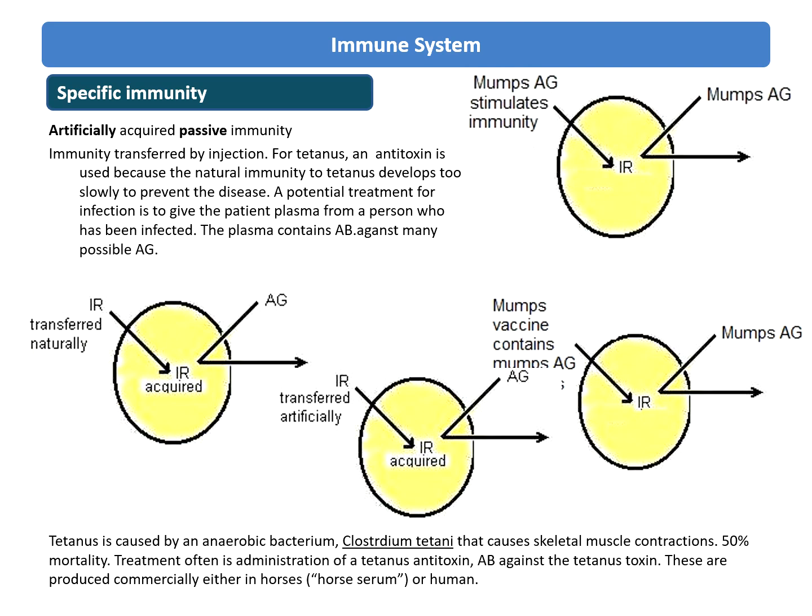Potential treatment for other types of infection, especially under conditions of severe stress like wartime, is to give a patient plasma from a person who has already been infected. Plasma contains antibodies in a variety of types, which will then combat possible infections.